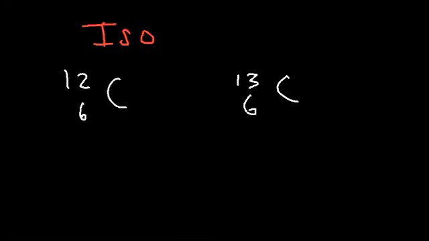Now let's go back to isotopes, particularly carbon-12 and carbon-13. We said that isotopes have the same atomic number and therefore the same number of protons. They're made up of the same element, but they differ in their mass number, and thus they have a different number of neutrons.